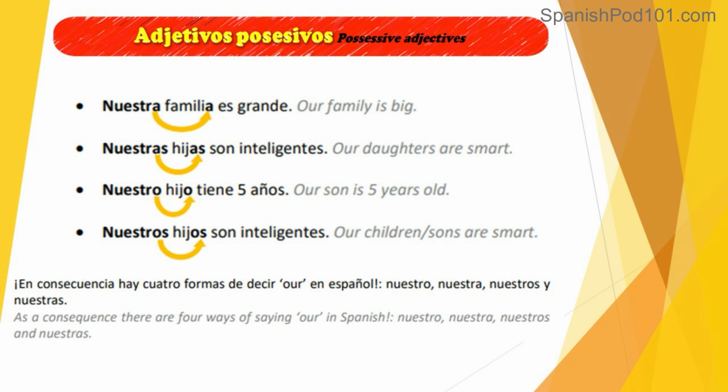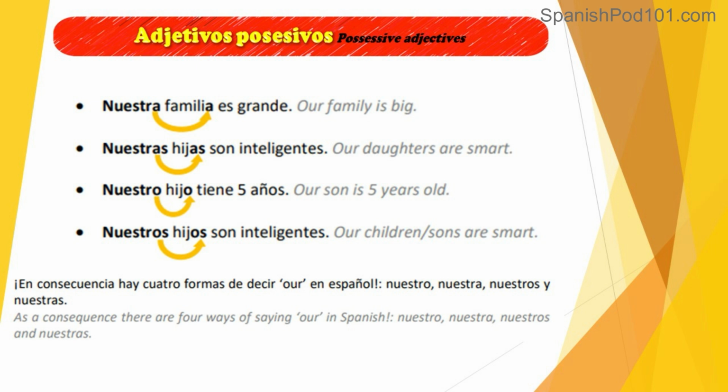Remember, we match the possessive adjective in gender and number with what we possess instead of the person speaking. So we're going to say nuestra familia es grande. As you can see here, familia is femenino singular, and we want to say our family.